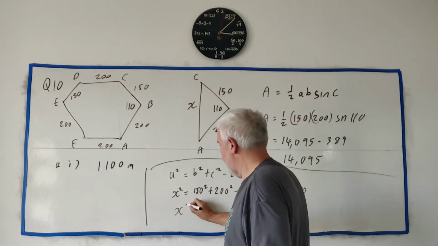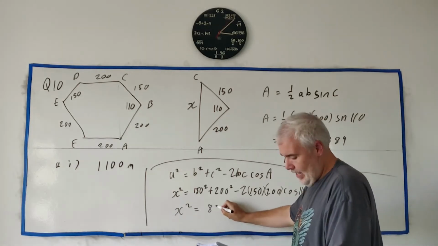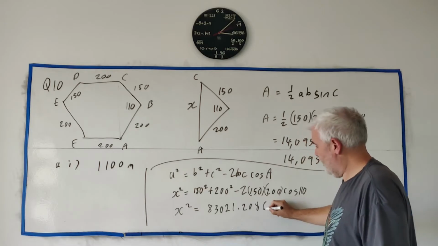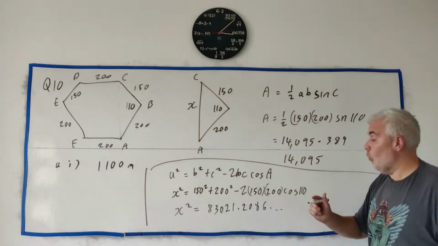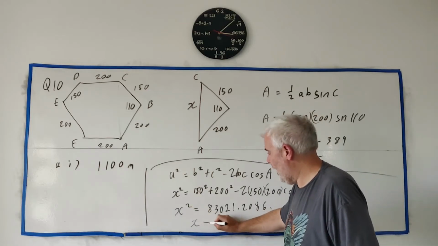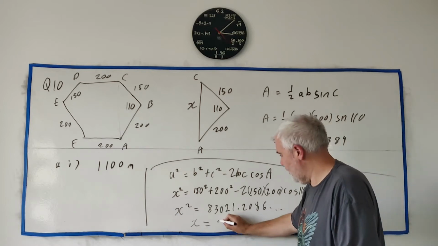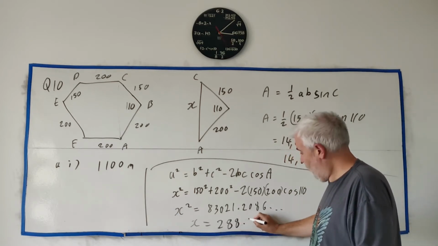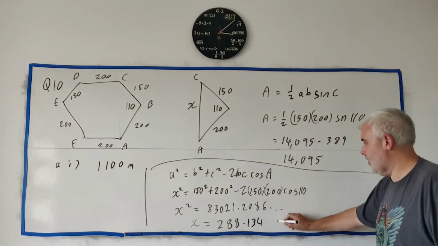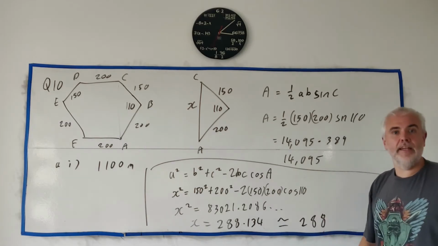If you put all of this into a calculator, you would get 83,021.2086, something like that. We take the square root of both sides. That'll get rid of this 2 here. And we're left with X is equal to, sorry, marker's running out so I apologize, it's hard to see, 288.134. That's to the nearest meter. So that's the same as 288 is the answer.